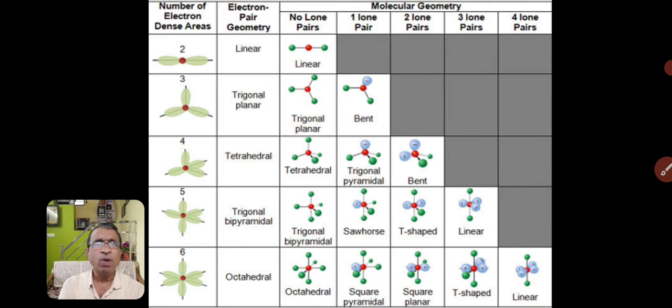But if it has one lone pair of electrons, it leads to a bent molecule. The example for trigonal planar is boron trifluoride and for bent it is the water molecule.